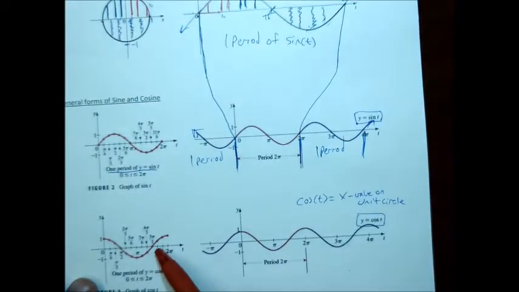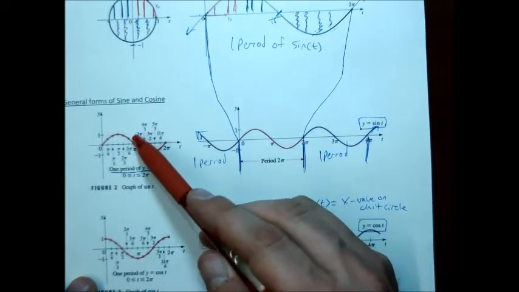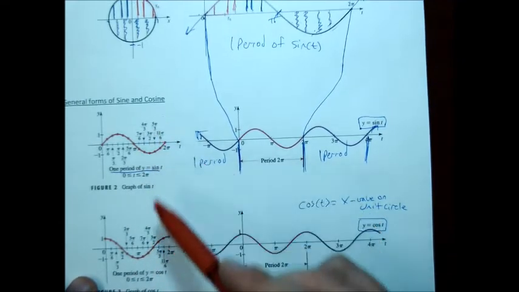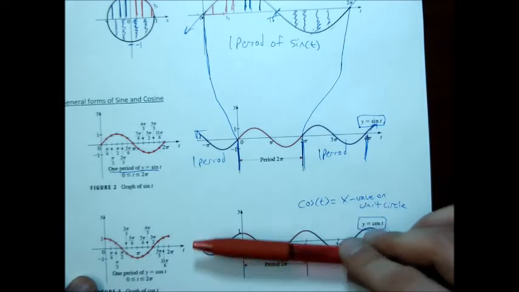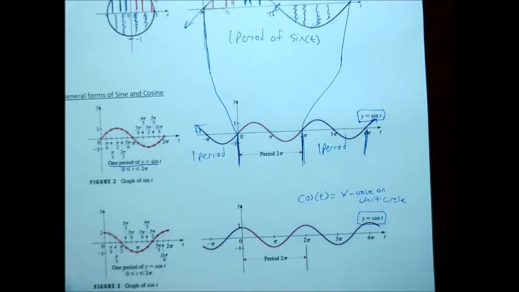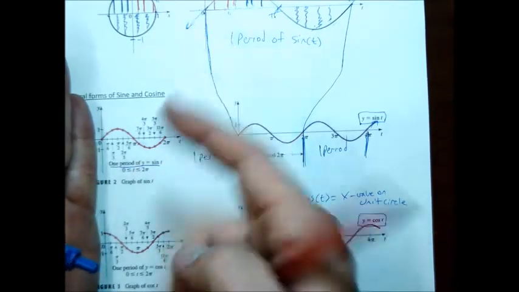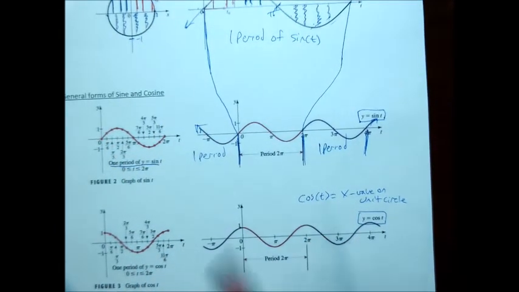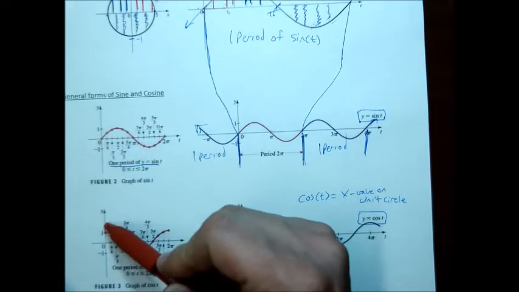If this is one period of sine, this is one period of cosine. You can see that they don't look the same. When you compare these two graphs, they look very similar because they both have a wavy pattern. But when we focus on just one period, which is what's being shown here, they're opposites of each other in some sense. When sine's 0, cosine's 1.